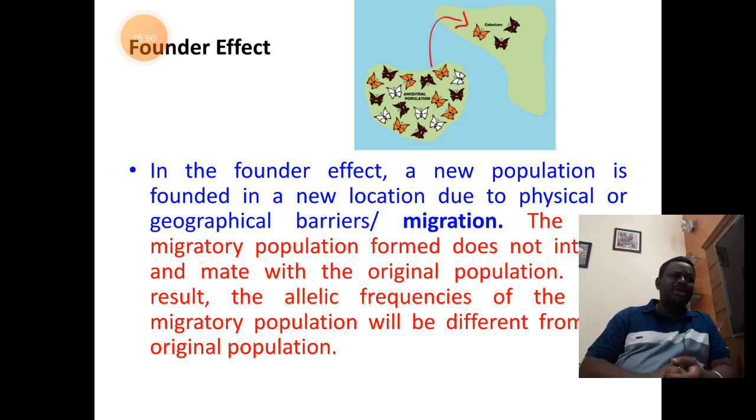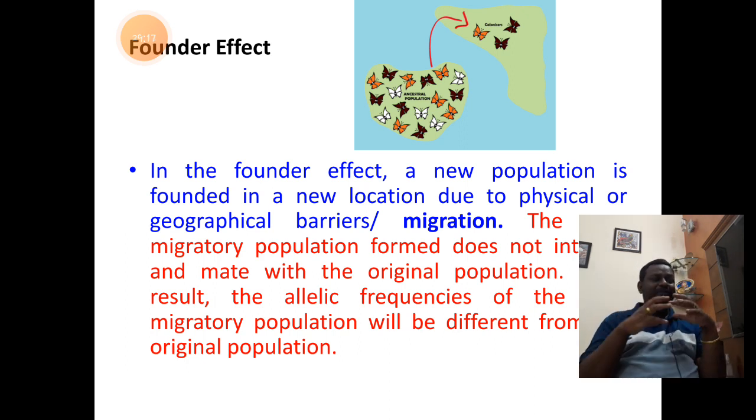So in this slide, at the top is a picture depicting founder effect. The original population includes yellow, black, white species of flies. But the migrants do not have white ones. It is between yellow and black, right? So only black and yellow ones reproduce in the newer place, excluding the white ones.